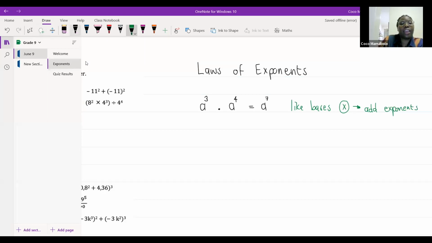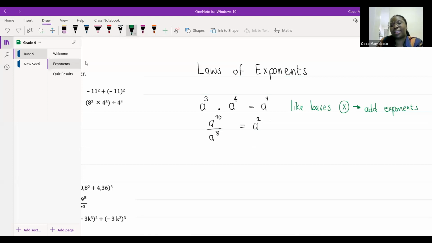Now, if I have some number A to the power of 10, and I divide it by A to the power of 8, same number, what will I get? My base would be the same. I would keep my base and subtract my exponents, and that would be A to the power of 2.